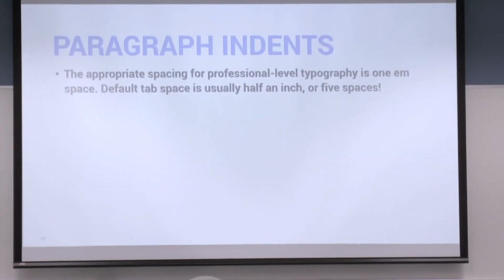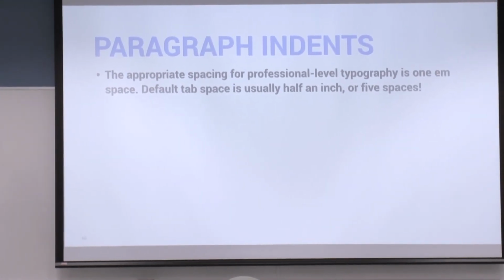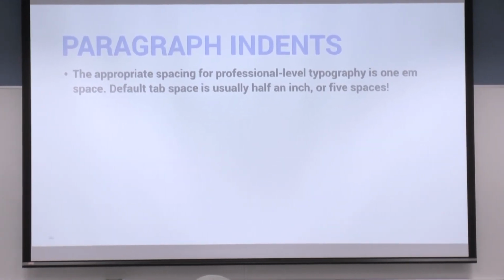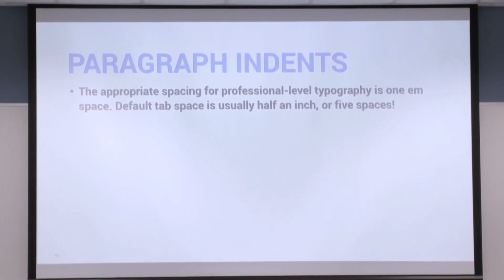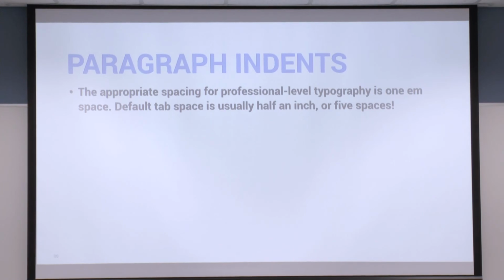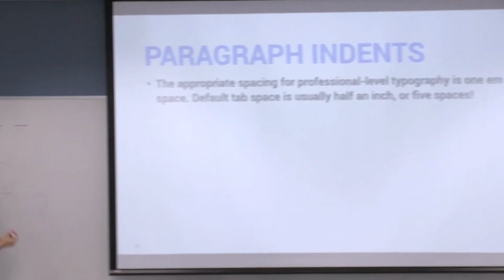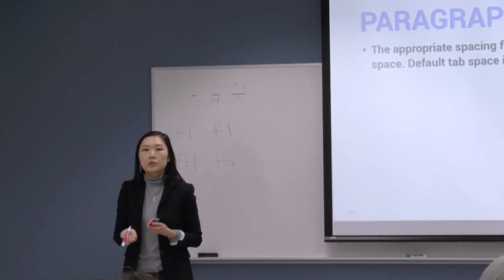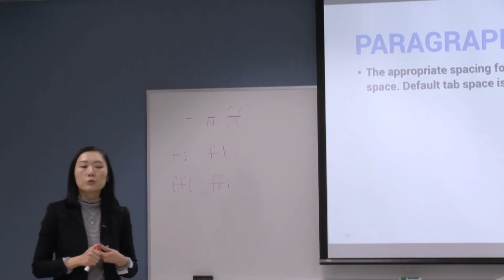Paragraph indents. We all know what indents are. It's automatic in Word, or you just press tab. The appropriate spacing is generally 1 em. If you see a very professionally set paragraph, it's generally 1 em. Sometimes in Microsoft Word it's too much.